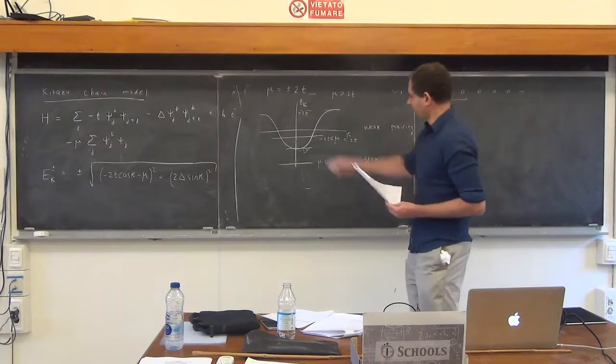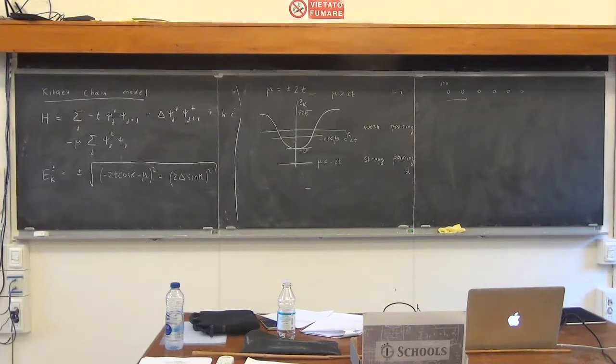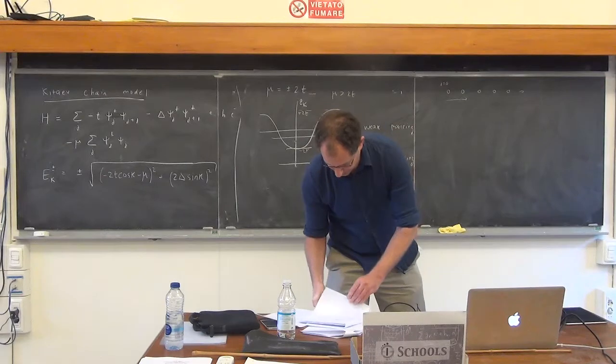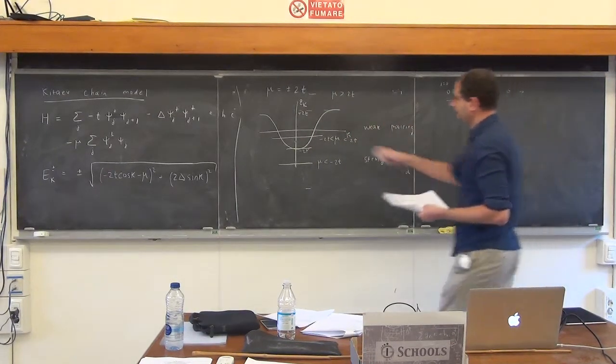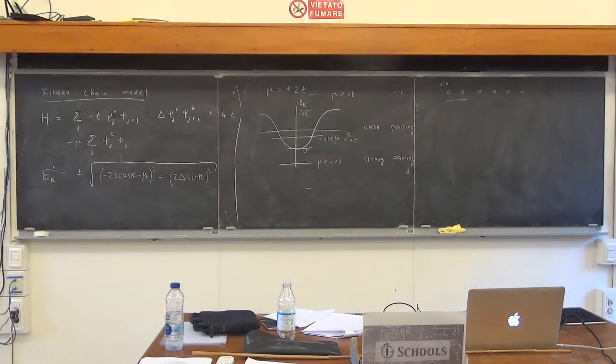For a special point within this phase, you can really solve it in one line. Many people may have seen it, but it's so simple that I'll show it briefly again. Once again, the idea is that as long as I have a gap in the bulk, and I'm looking for these protected zero modes, it's enough to find them at one point of my choice in the phase diagram.